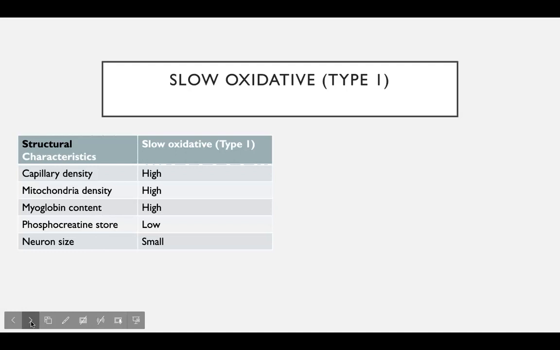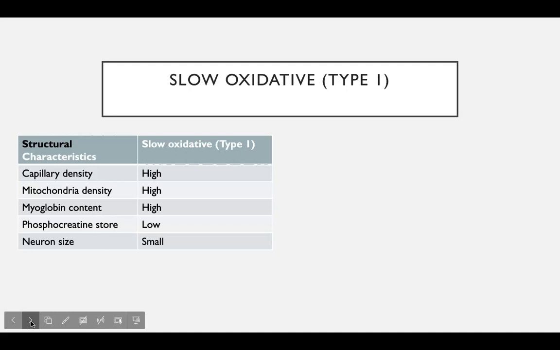Mitochondria density is high. Mitochondria is responsible for aerobic energy production. Myoglobin content is high. Myoglobin, which you're going to find out later, don't get this down now, is a protein that transports oxygen to the mitochondria. Phosphocreatine stores are low. Phosphocreatine is needed for high intensity exercise, so it's low for slow oxidative.